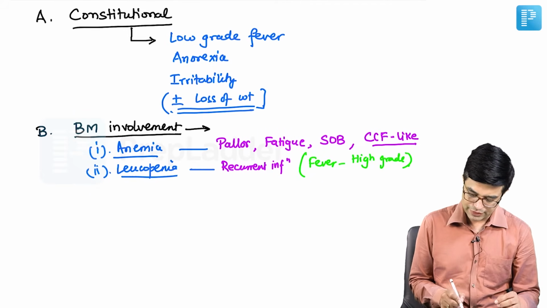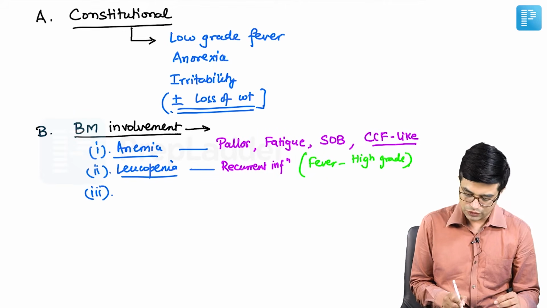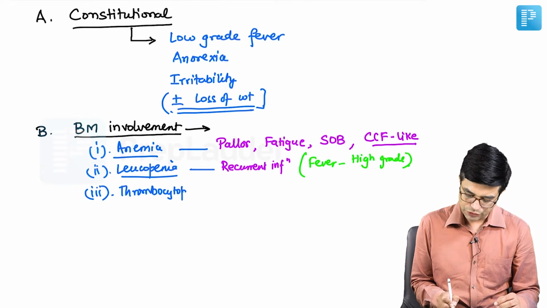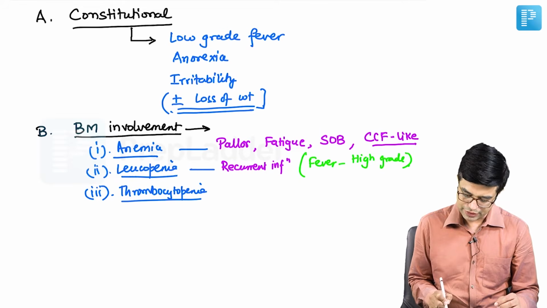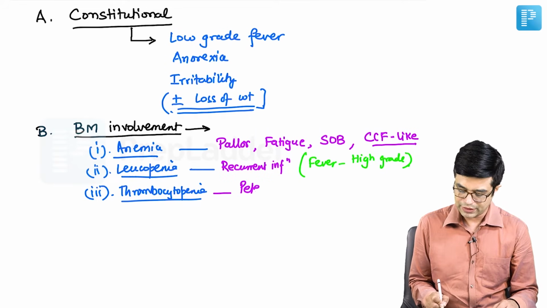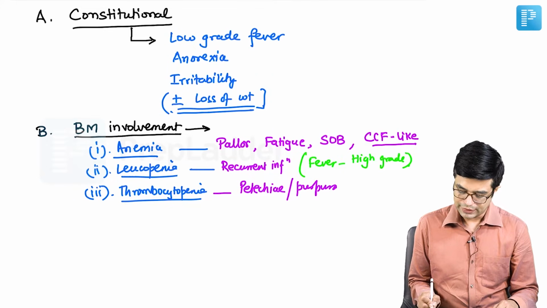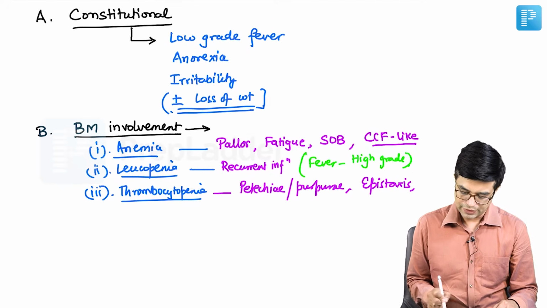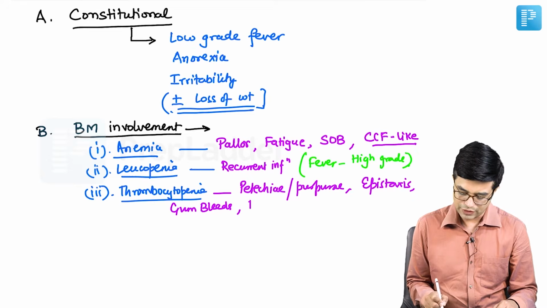And thirdly, you will find that bone marrow involvement will lead to thrombocytopenia. Due to thrombocytopenia, there will be bleeding manifestations occurring in the patient. So there will be petechiae, purpurae, ecchymosis, epistaxis, there may be gum bleeds, sometimes subcutaneous bleeds, and black eyes have been described.